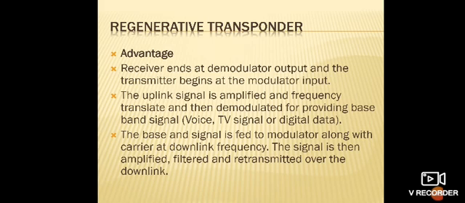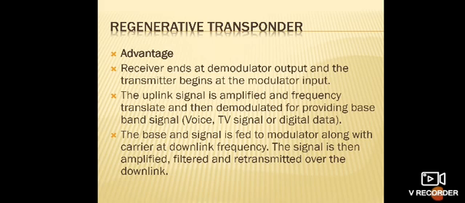So the advantage of the regenerative transponder is that the receiver ends at the demodulated output, and the transmitter begins at the modulator input. The uplink signal is amplified and converted, and then it is demodulated to provide the baseband signal, that is voice, TV signals or any digital data.